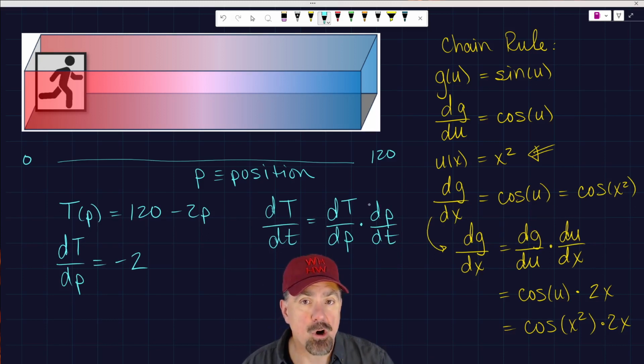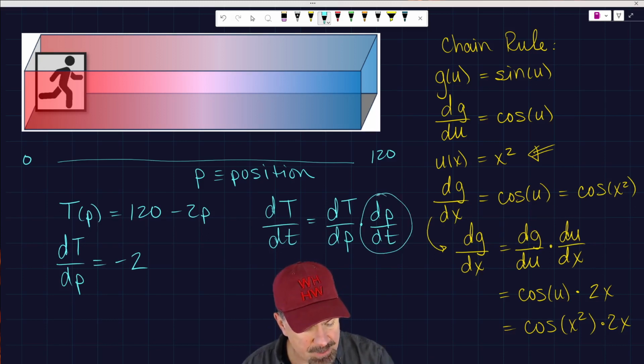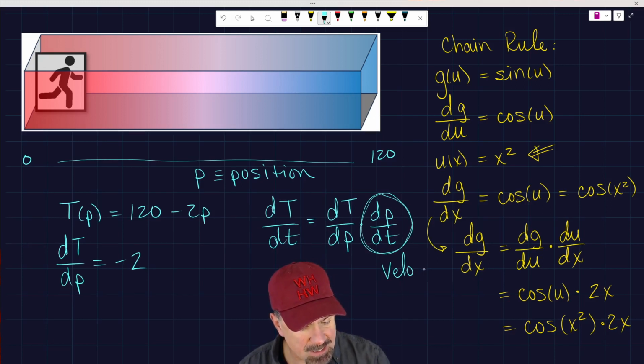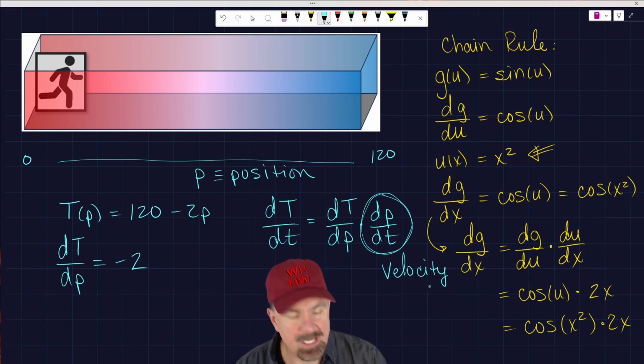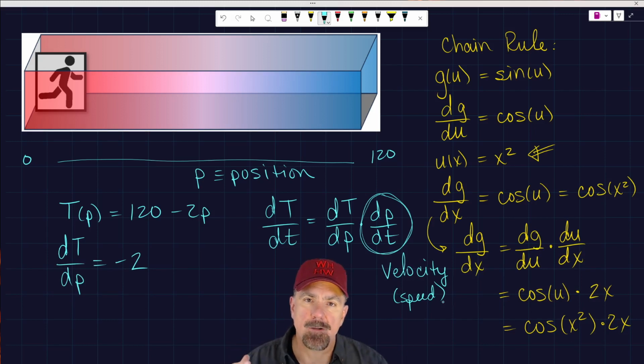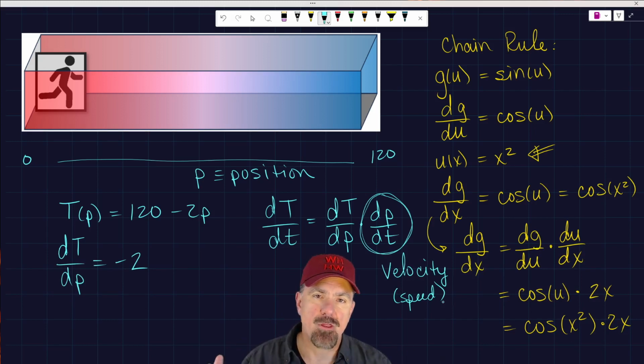And if you recall from physics, the derivative of position with respect to time is velocity. And really it's not a vectorized quantity, so it's really the speed. But this matches with our intuition.